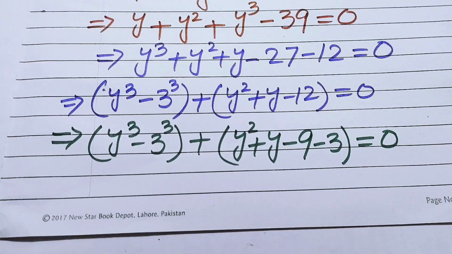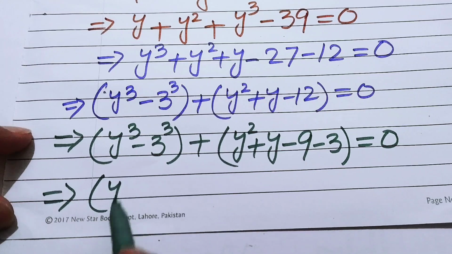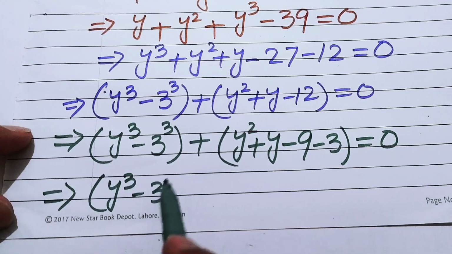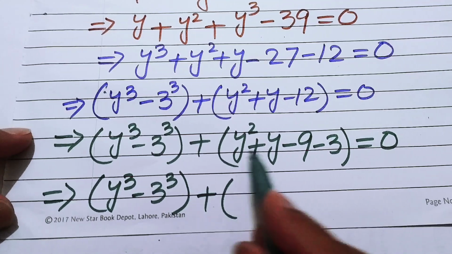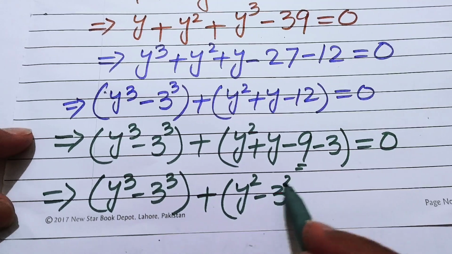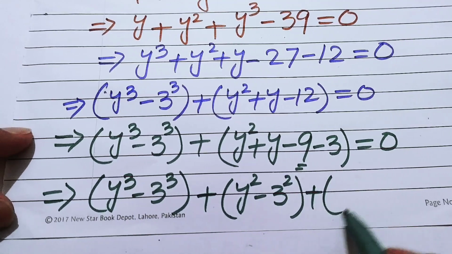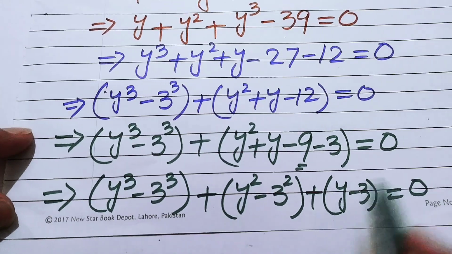So we need to do a little bit of simplification, and we get y cubed minus 3 cubed, plus here we combine this y squared with 9 and you get y squared minus 3 squared, and we have plus y minus 3 equals 0.